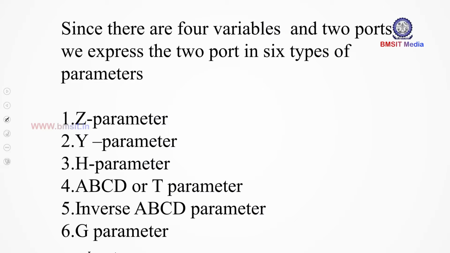The main parameters that we are going to deal with in this lecture are Z parameters, Y parameters, H parameters and ABCD or T parameters. We will take them one by one.